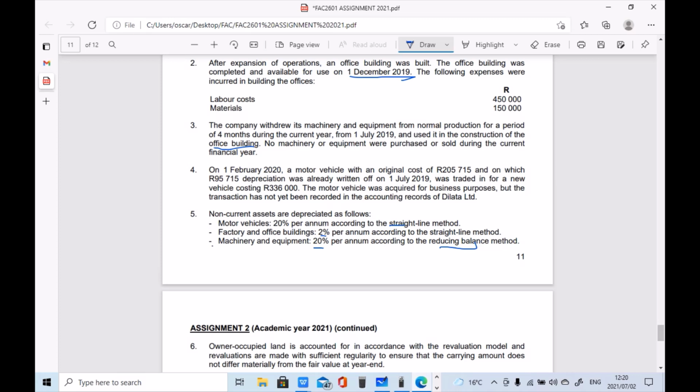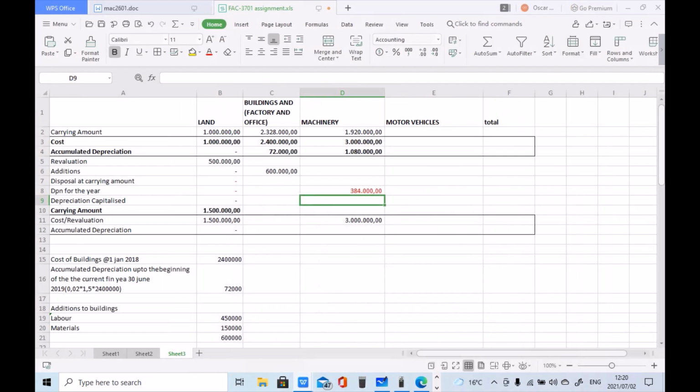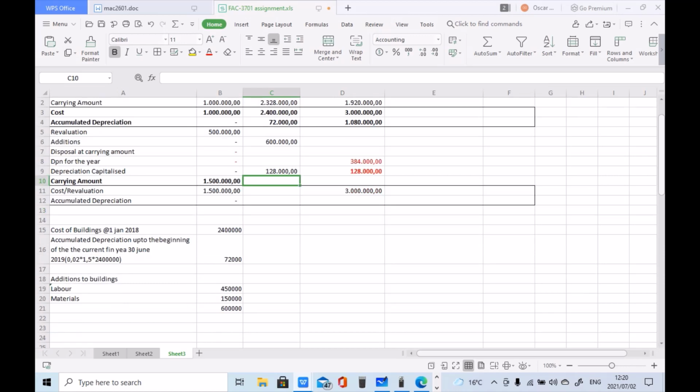Alright, now on that depreciation we need to deduct depreciation capitalized, since the equipment was withdrawn from normal use for a period of 4 months out of a total of 12. So that's depreciation capitalized. We are subtracting it from equipment, and then putting it on office buildings. So this is the process of capitalizing.